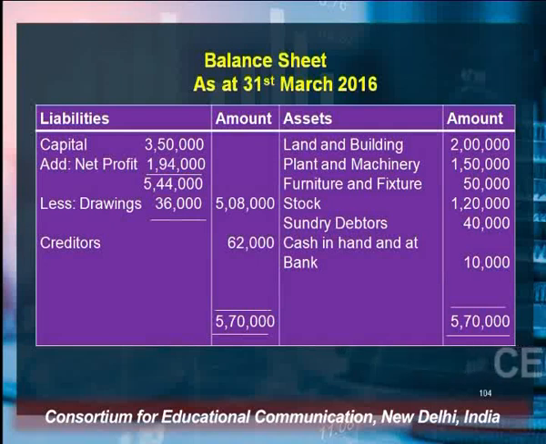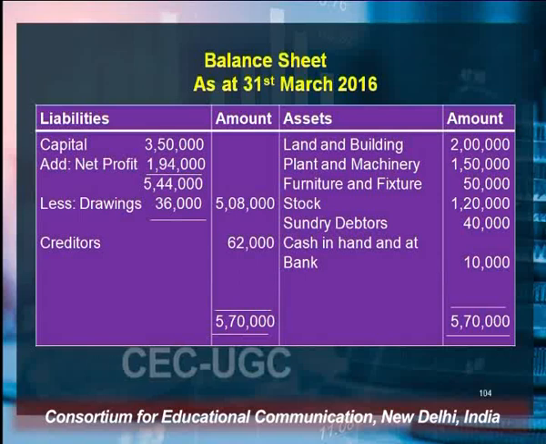Creditors are shown here, since they have a credit balance in the trial balance. All types of assets and any other items which are not closed till the preparation of the trading and P&L account are to be shown on the asset side. There is no need to balance this balance sheet. It will always tally. Your liabilities will be equal to assets.